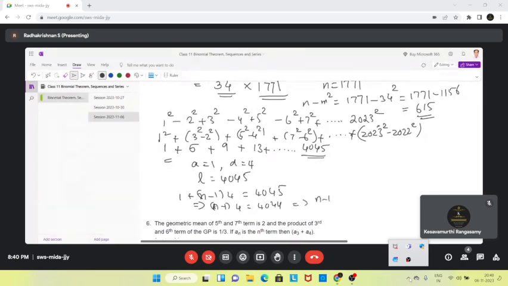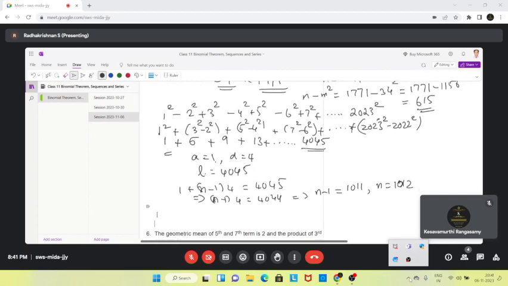N minus 1 equals 4044 divided by 4, 1011. So N equals 1012.